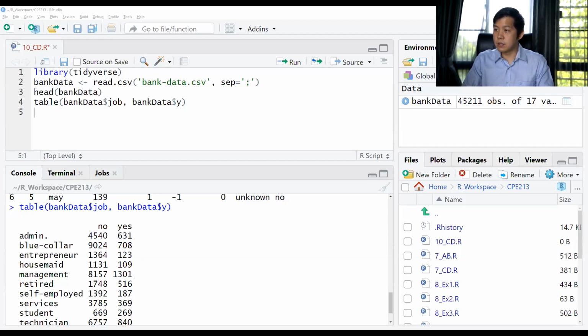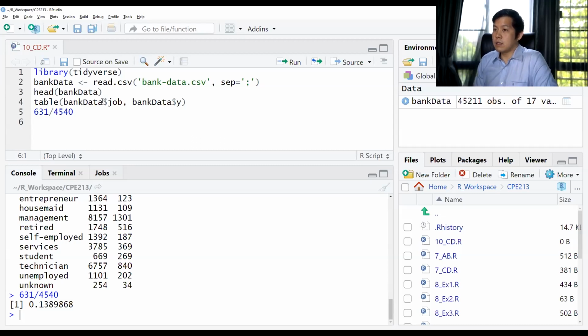Okay, so let's calculate it directly first. Say we have 631 divided by 4540, right?